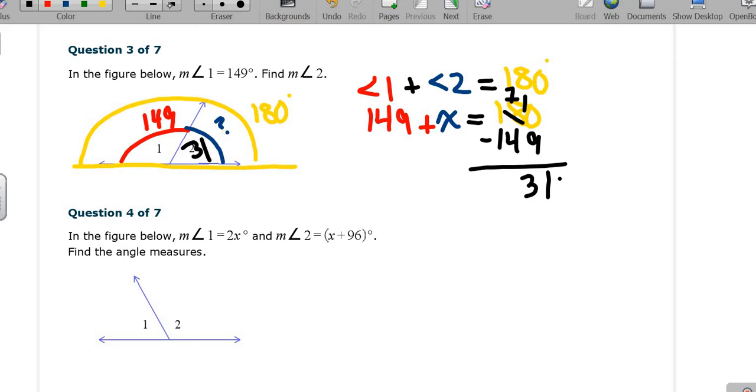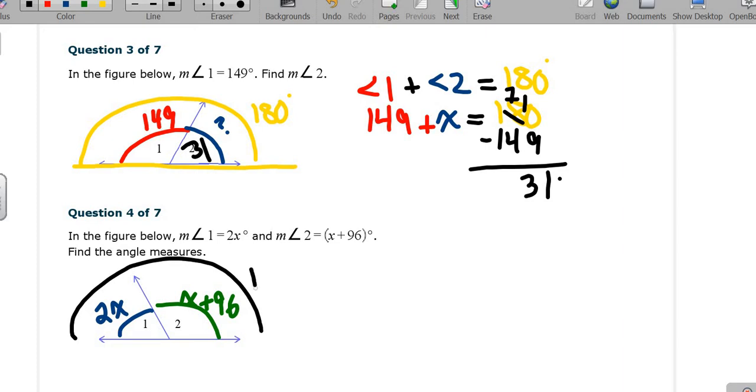Figure below, the measure of angle 1 is 2x. The measure of angle 2 is x plus 96. It wants you to find the various angle measures. Again, they're a linear pair, so they add up to 180.